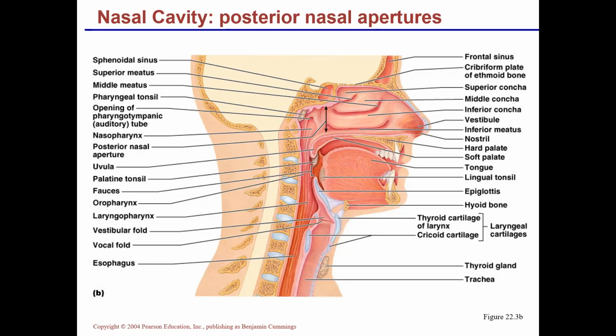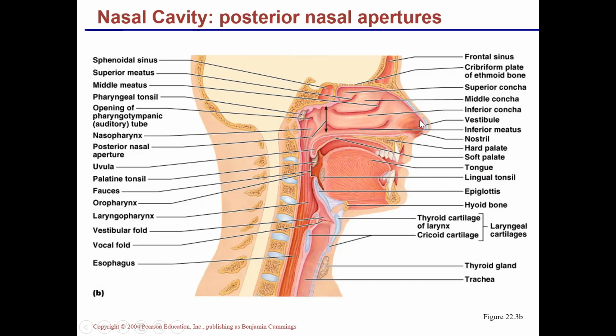And I didn't mention there's another type of tonsil. It's called the pharyngeal tonsil right here, you see? The pharyngeal tonsil is in the pharynx, and we only have one. The palatine tonsils and the lingual tonsils are paired, but the pharyngeal tonsil is only one.